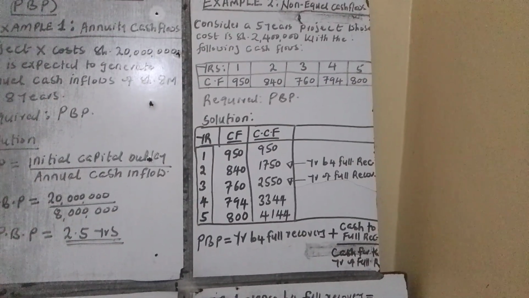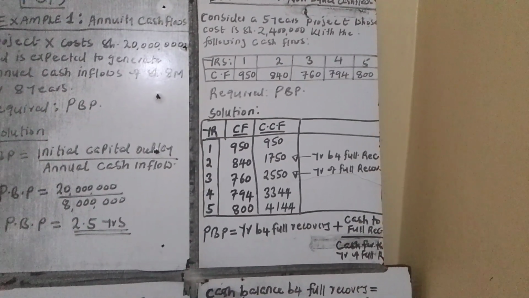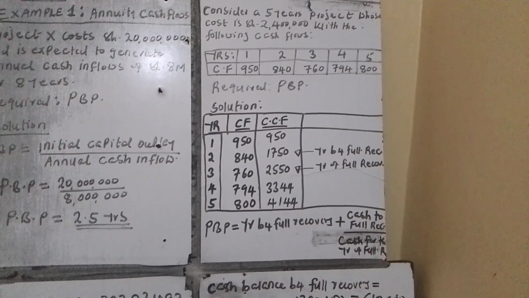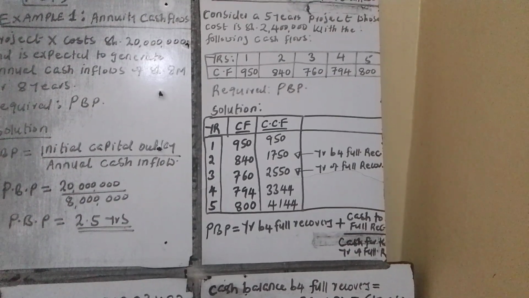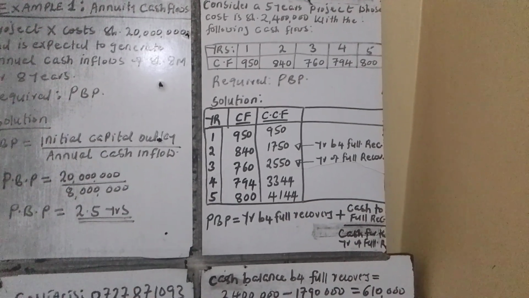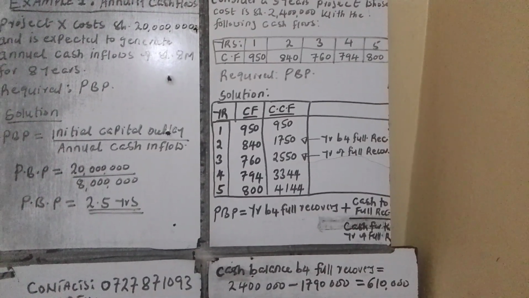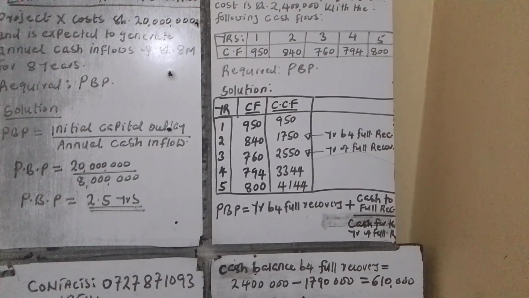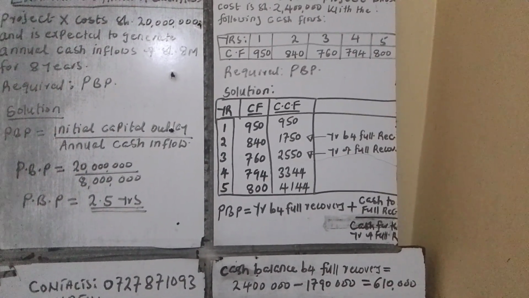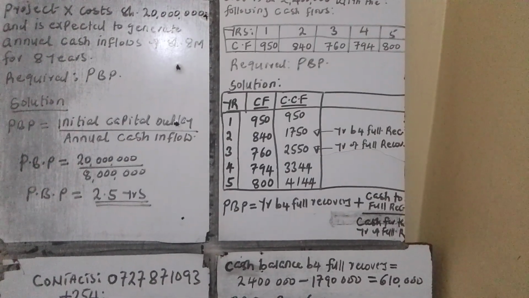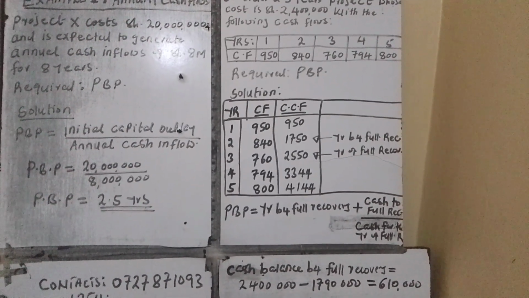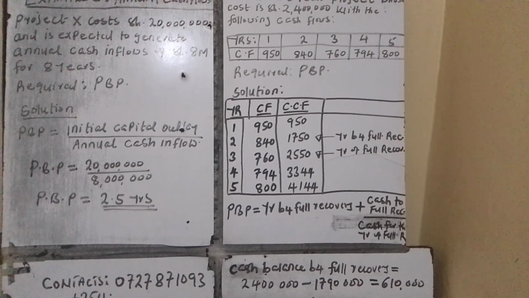We've said the first thing is to cumulate the cash flows. So open a column for cumulated cash flows, and then for the payback period, you ask yourself, in that column for cumulative cash flows, in which year did we generate 2.4?